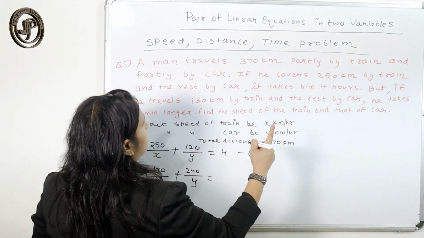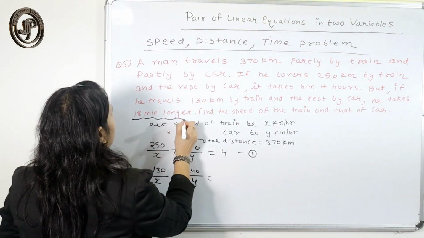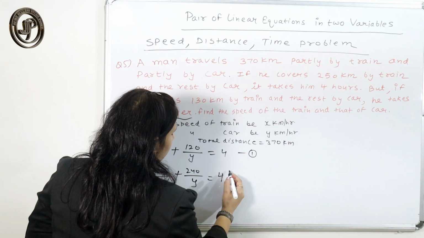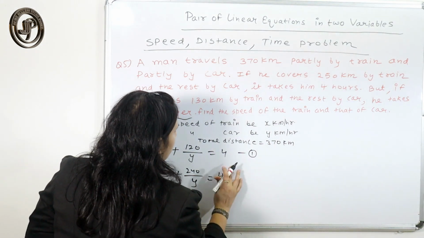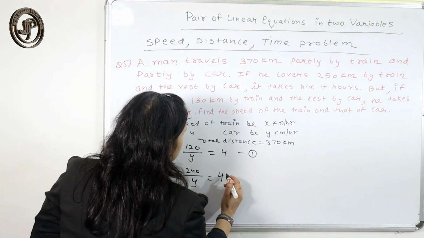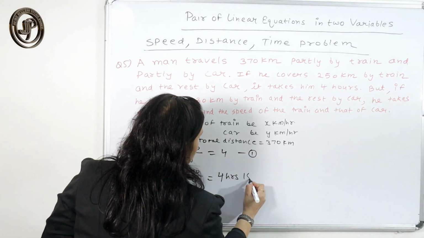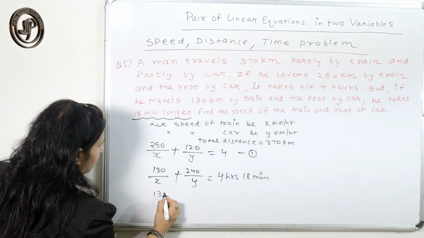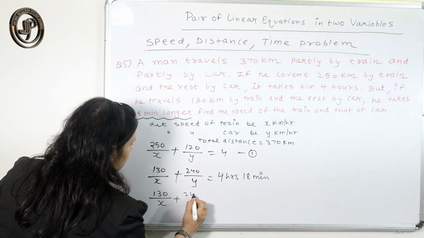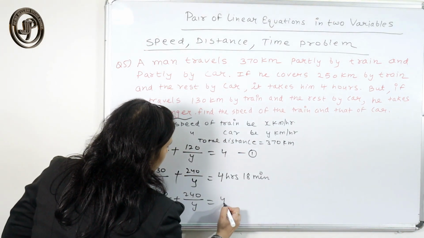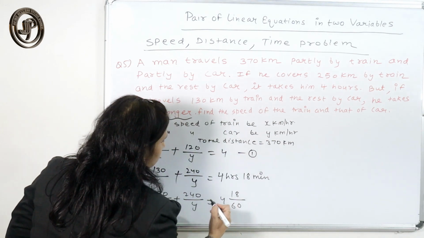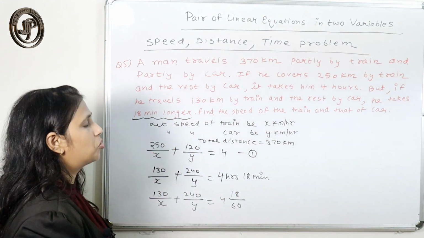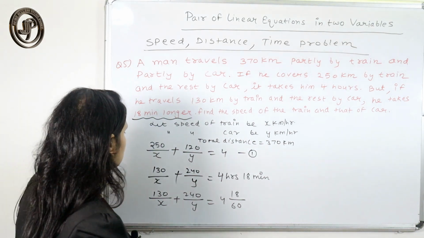Then it says he takes 18 minutes longer, means 4 hours 18 minutes. How can you write this 4 hours 18 minutes? Yes, you can write it this way. 18 minutes you have to write like this, because you have to convert the whole thing into hours.